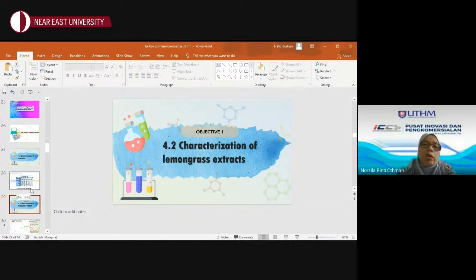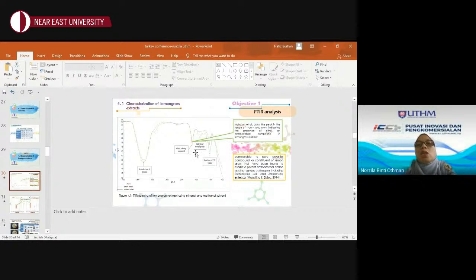Okay, let us go on to characterization of lemongrass extract. What is the content of the lemongrass? Using the FTIR analysis, we can see that the lemongrass contains citral, which is the antimicrobial component.